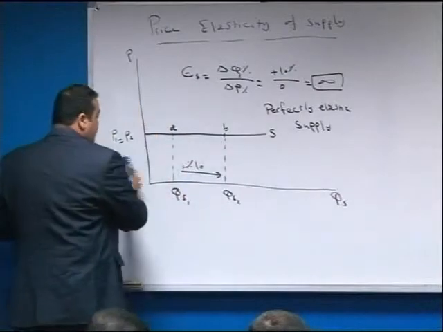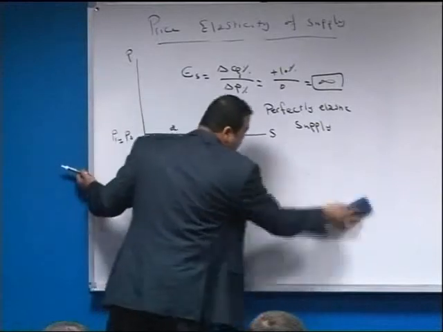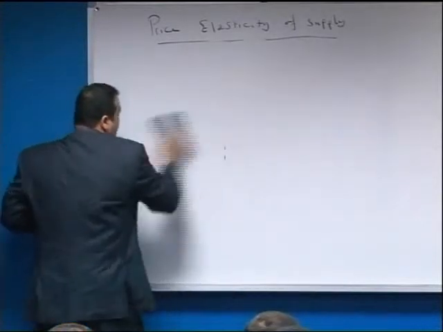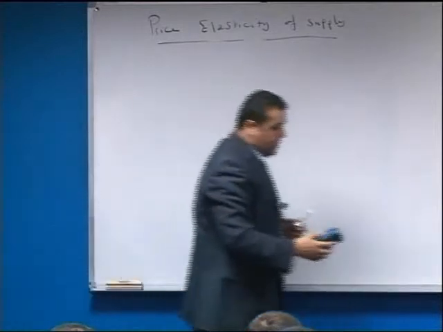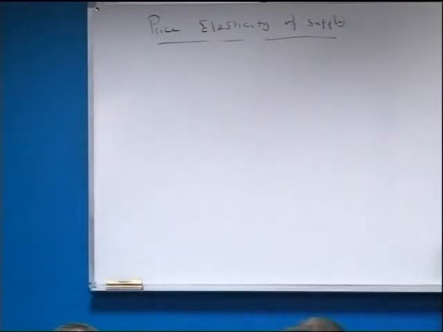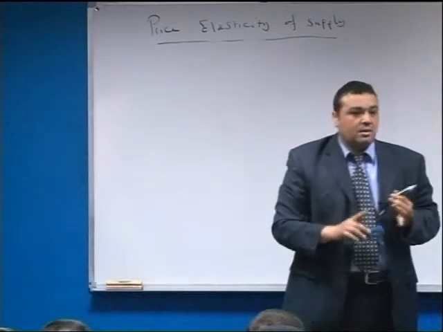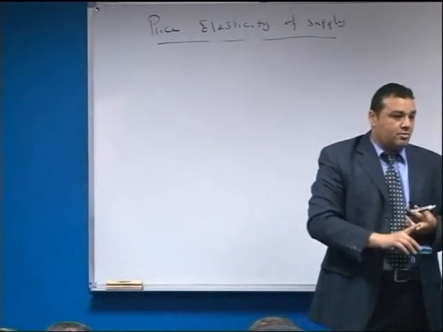Let's go to analyze the form of the supply curve in the very short run and the long run. We have three cases, or we are going to focus on three cases: the supply curve in the very short run, the short run, and the long run.